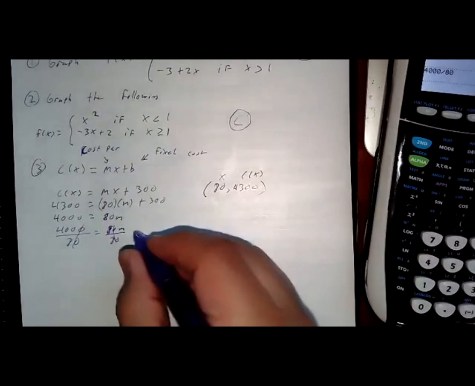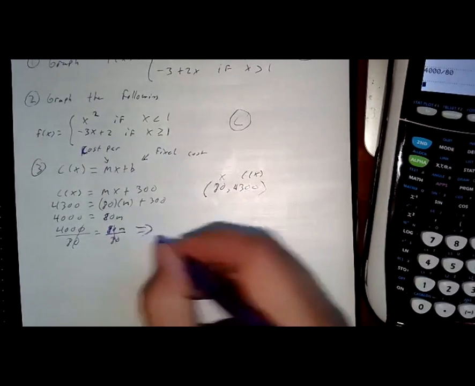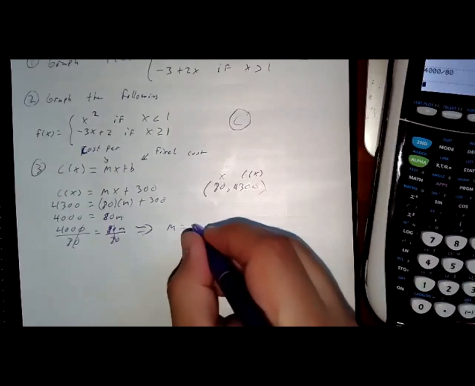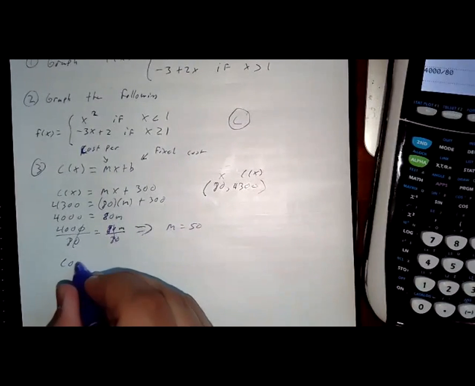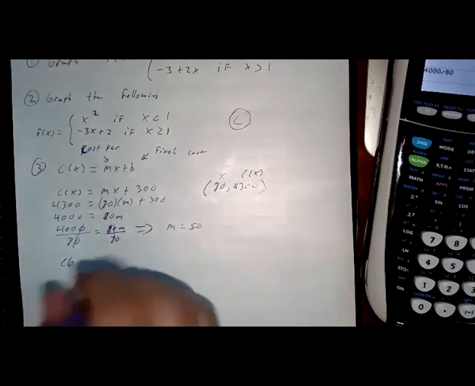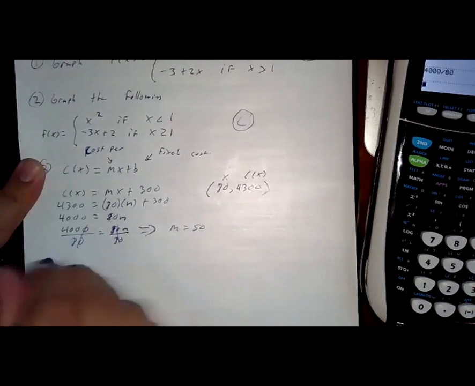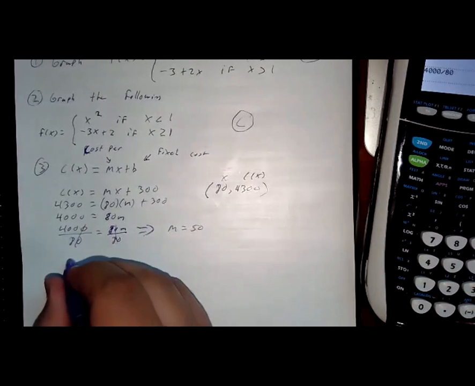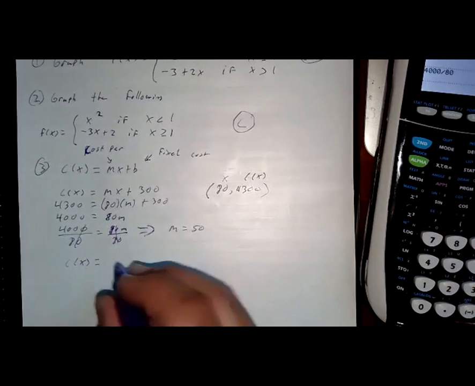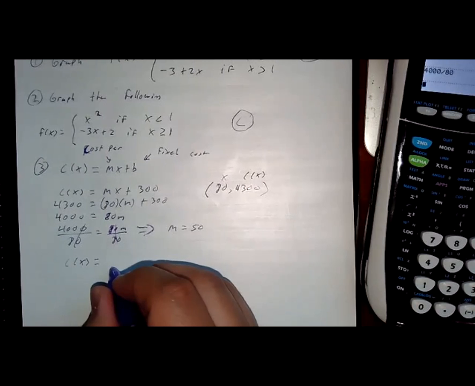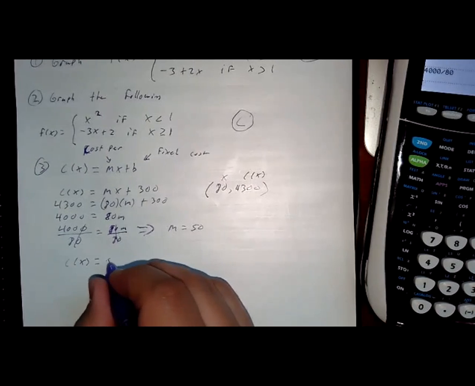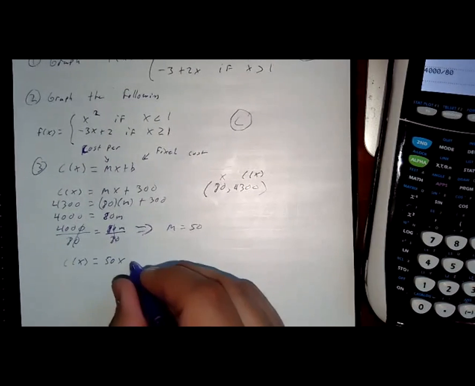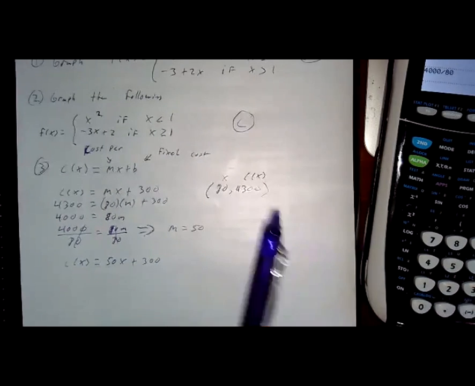So this implies that m is equal to 50. So the cost function will be equal to 50x plus 300.